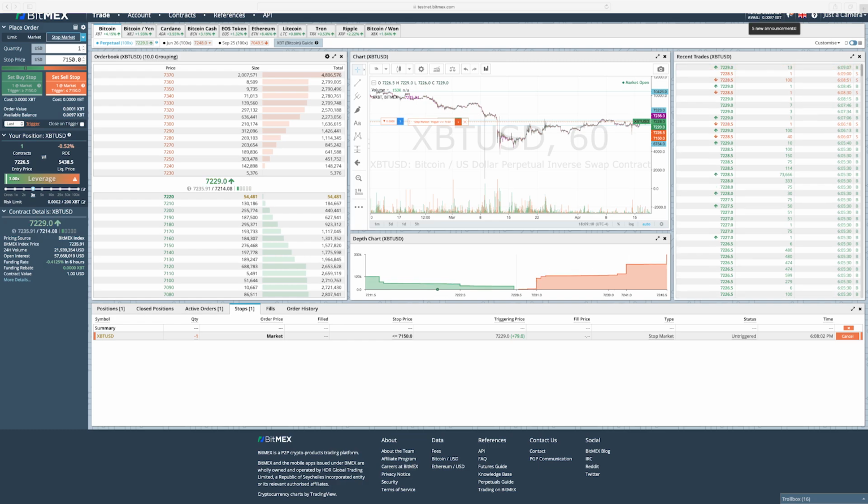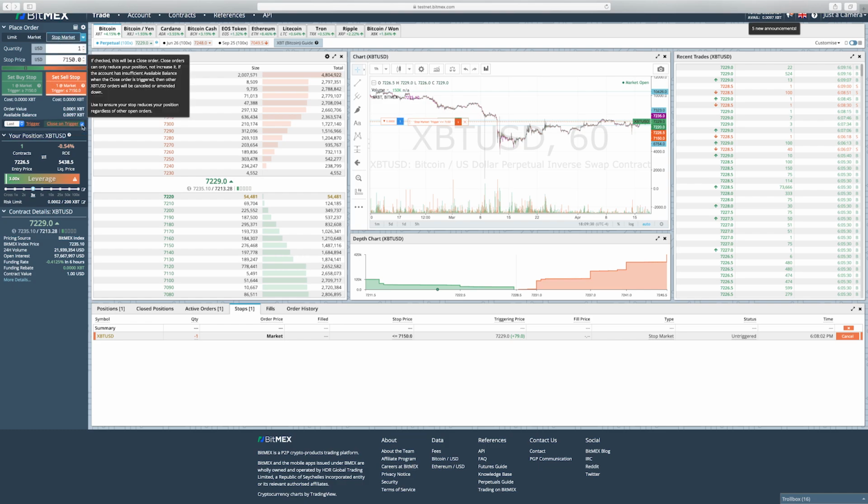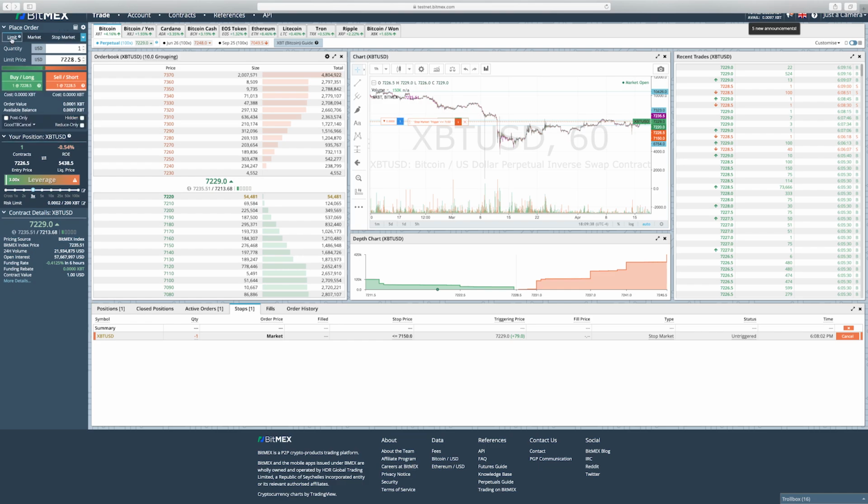I'm going to leave it at that just because it's going to come down to experience and personal preference, but the main takeaway here is when setting our stop loss, we want to make sure that that close on trigger is clicked for our stop market because we want the immediate execution at the last traded price. So that was an overview of how we execute a limit order, which is a resting order in the book.